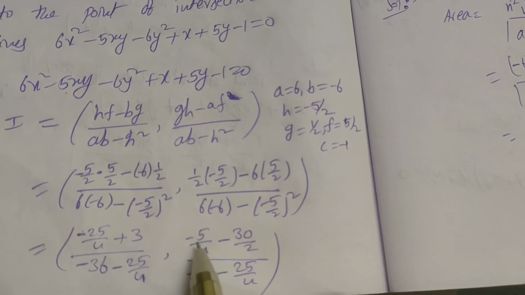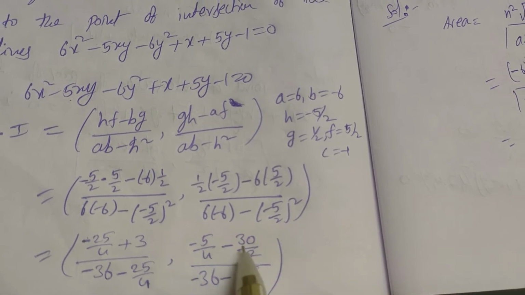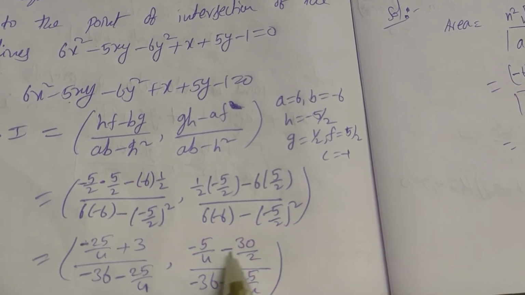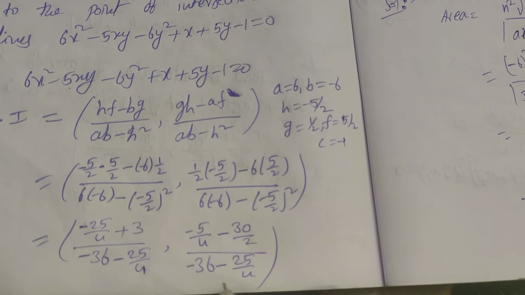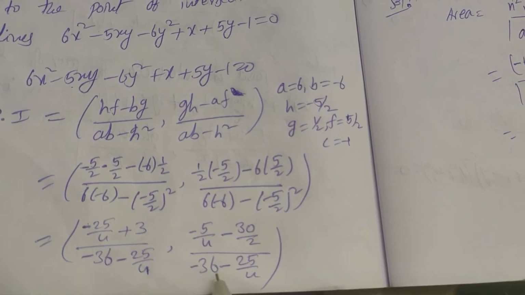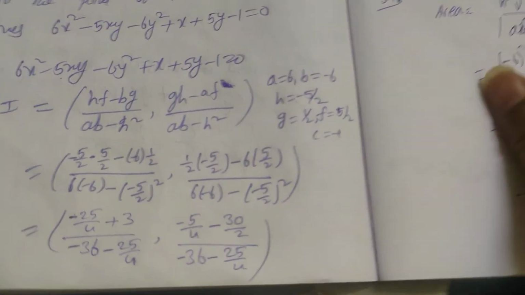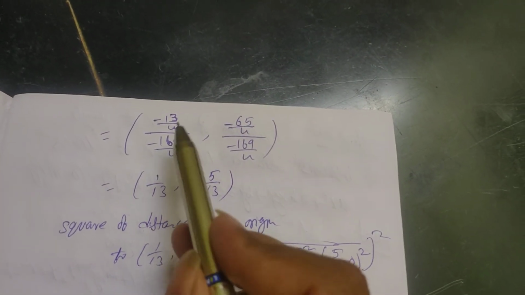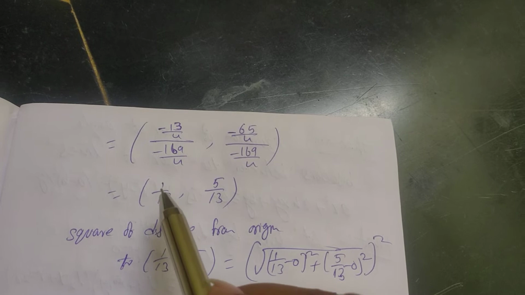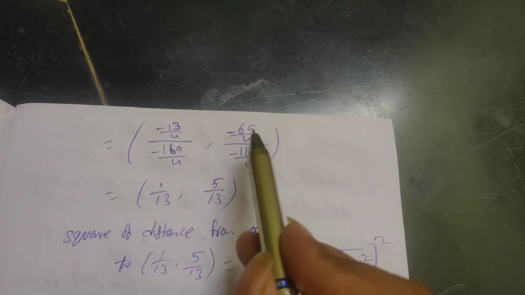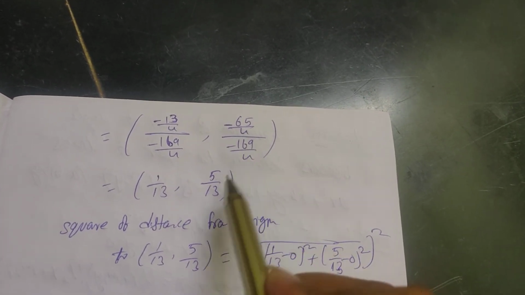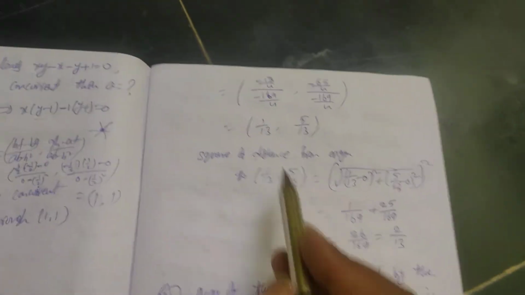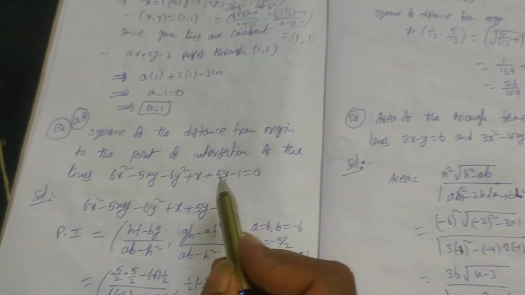So this is minus 169 by 4. The 4s get cancelled, 13 times 169, so 1 by 13. Here 13 times 5, so 5 by 13. So this is the point of intersection of the given pair of straight lines.